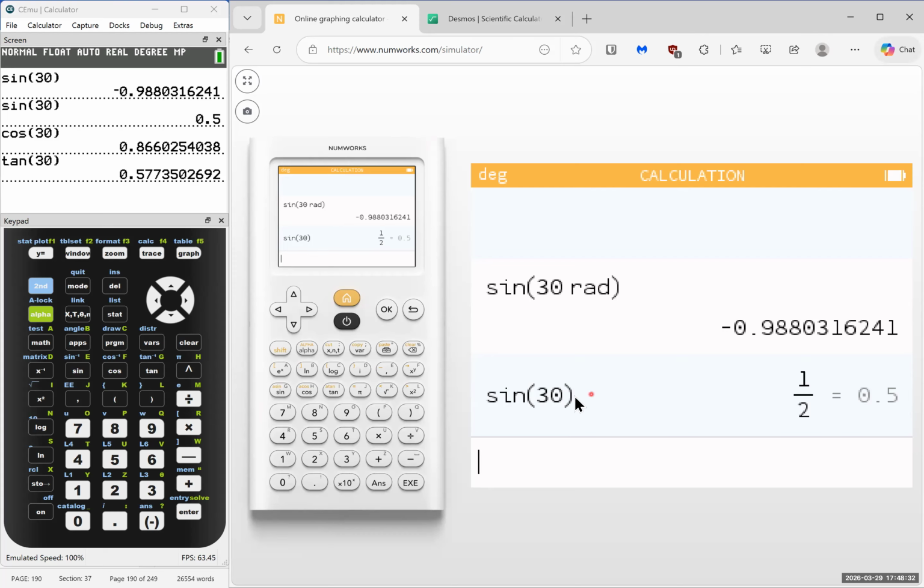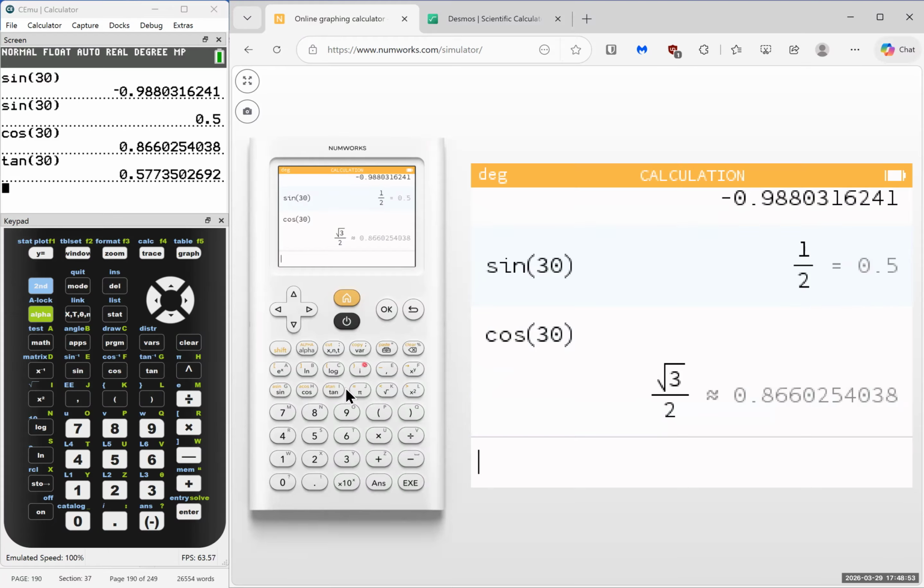It didn't put degrees here. So maybe with a number this large, it's suspecting you're forgetting that it's in radian mode and that maybe you meant degrees. Maybe that's why it's doing that. Okay, and so we know we can do cosine and we can do tangent.